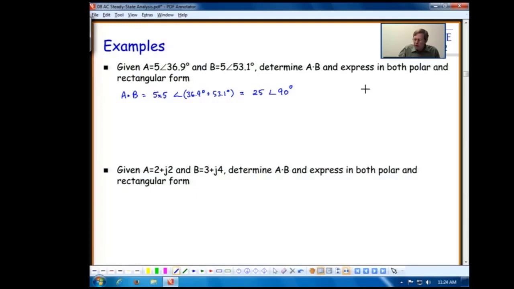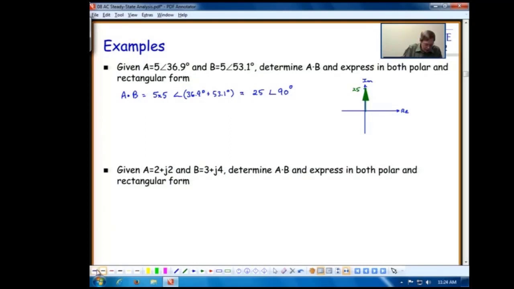If we plot that, we can get the answer to the next question quite simply. If we plot 25 at an angle of 90 degrees, we get a vector that points straight vertically, and it looks like this. There's a rather big arrowhead, but the magnitude is 25 on the imaginary axis and 0 on the real axis.